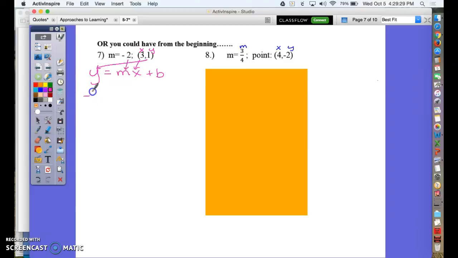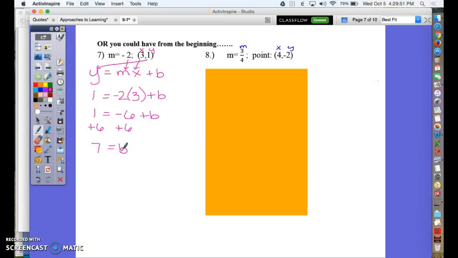So we would have that y is 1, m is -2, x is 3, and what we would actually be doing here is solving for the y-intercept. So 1 equals -6 plus b. I could add 6 to both sides, and I would get 7 equals b.